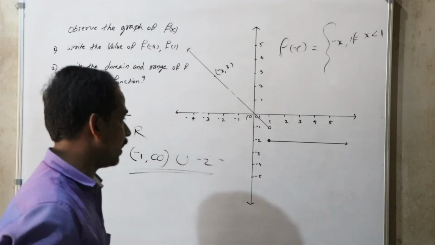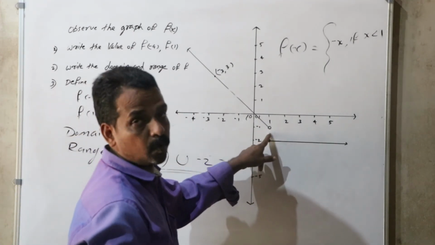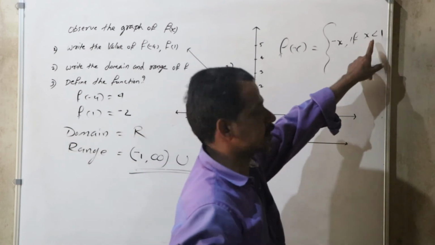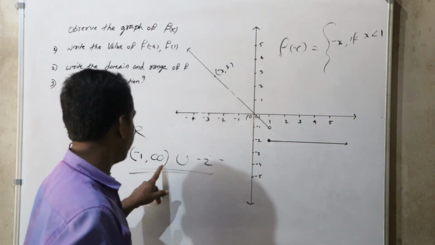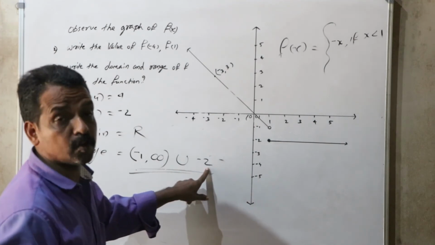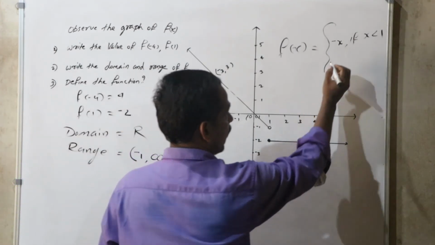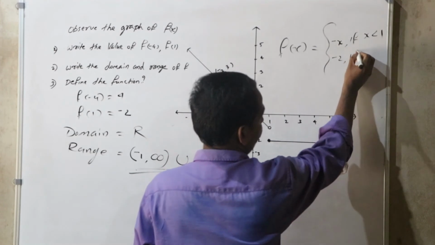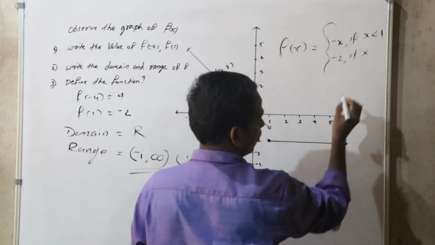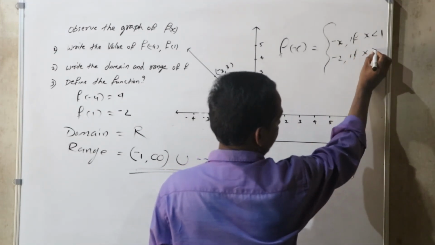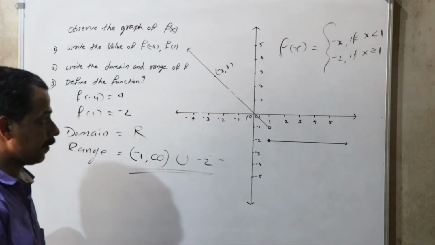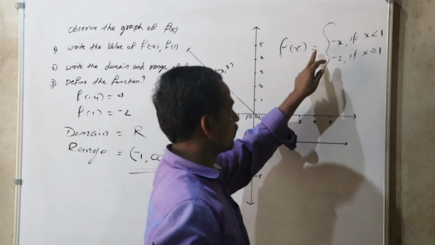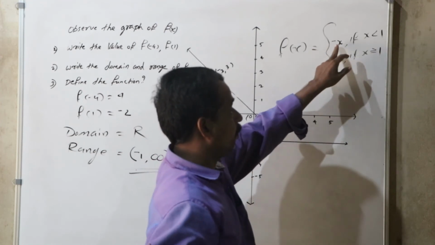If x is greater than or equal to 1, then it becomes -2. Okay. f of x is equal to -x.